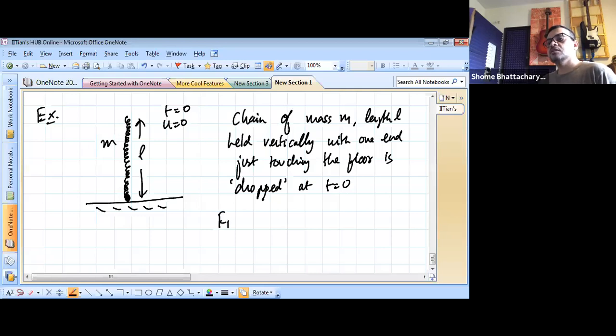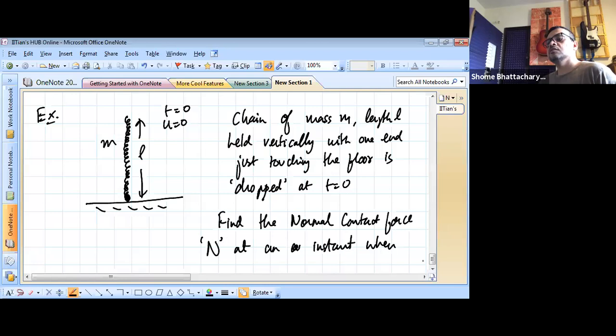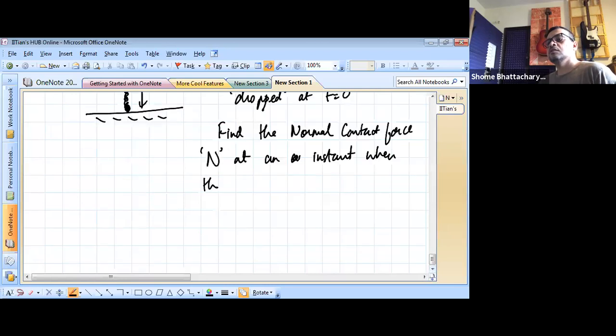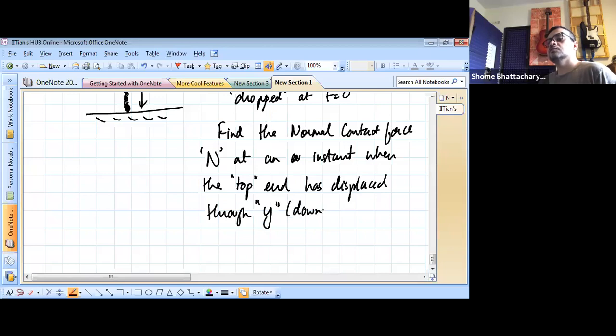So we have to find the normal contact force N at an instant when the top end has displaced through y downwards.